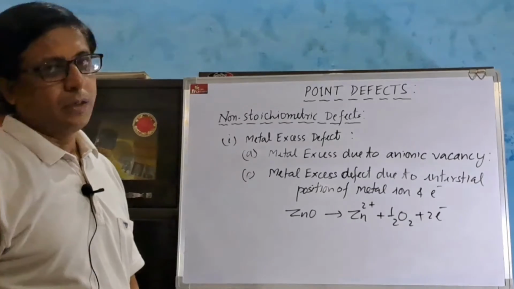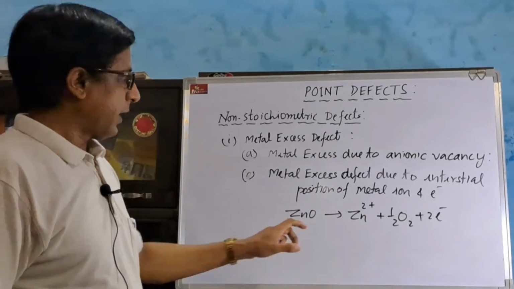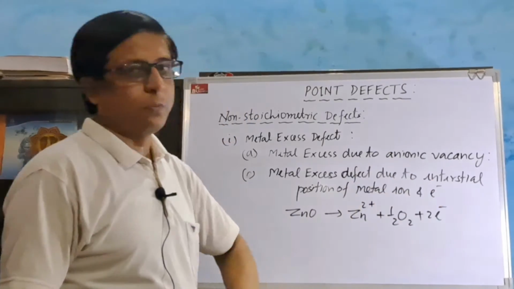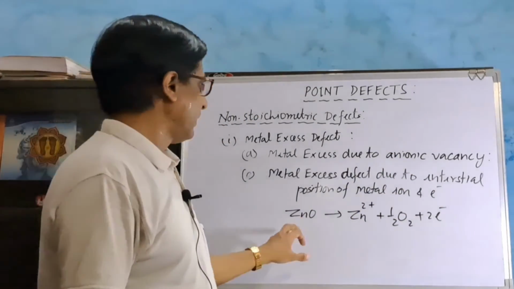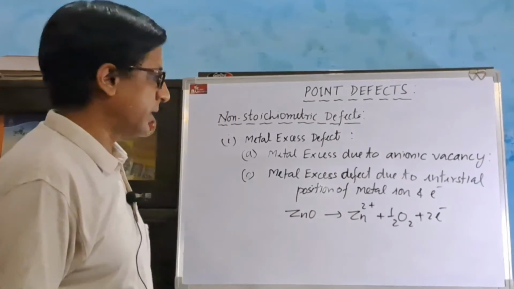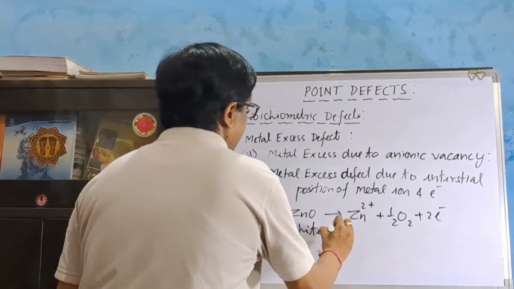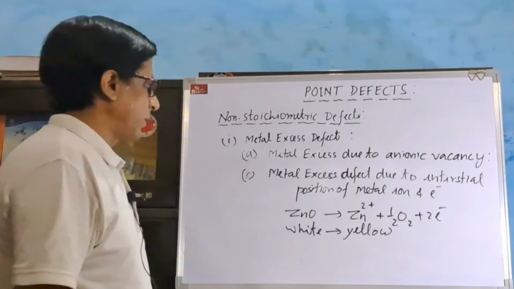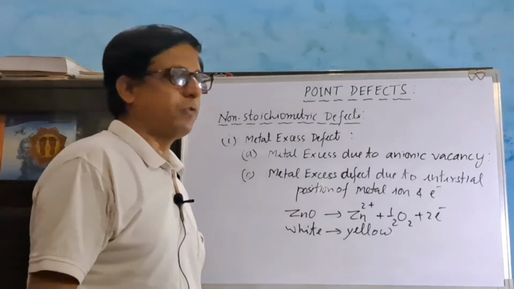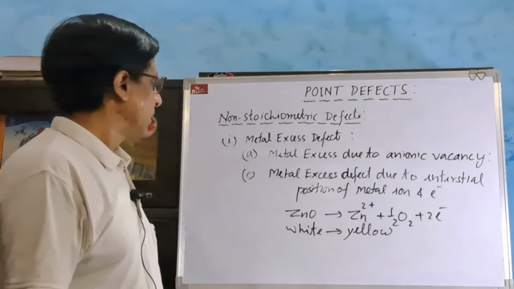Zinc ions occupy the interstitial position and electrons occupy interstitial positions inside the crystal lattice, and the zinc oxide crystal shows yellow color. It converts from white into yellow. This is metal excess defect.